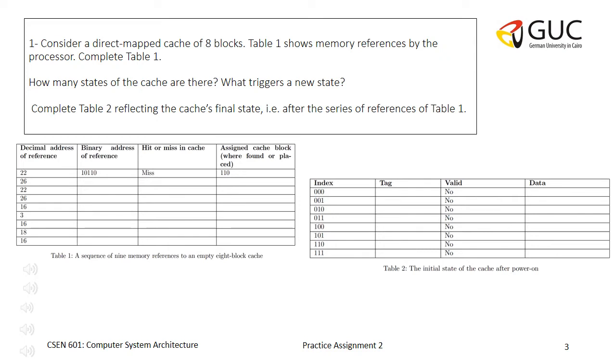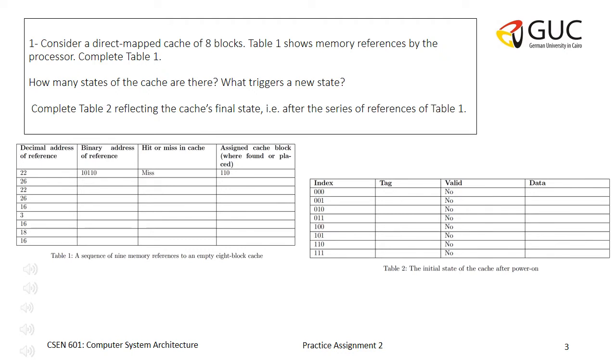But we can't fit all the data in the main memory in the cache due to the difference in size, and that's why the mapping happens. We want to map between the main memory and the cache. So when I'm accessing an address from the cache, it should go to the main memory with the correct address to get the correct data. And that's why the mapping happens. And we will discuss in this problem one way of this mapping, which is called direct mapped cache.